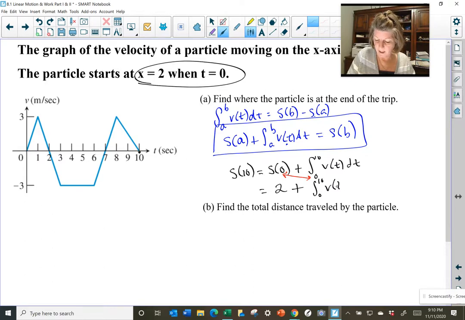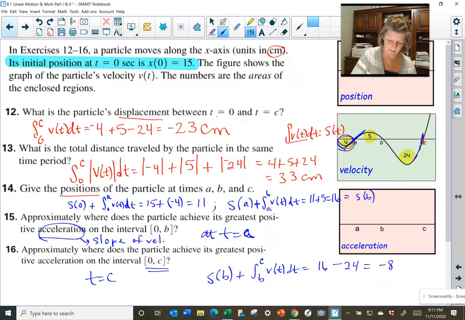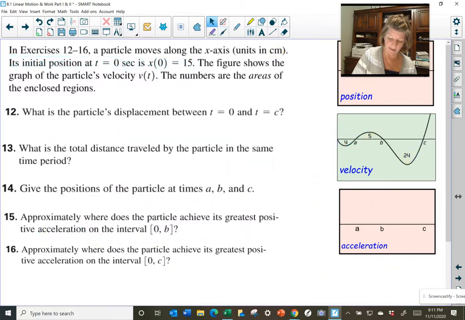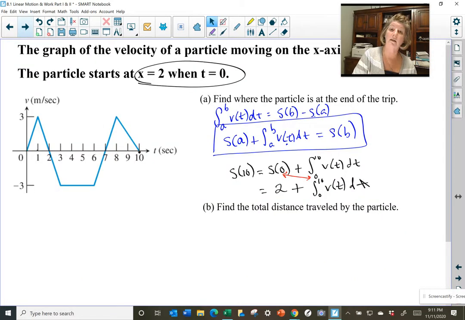How do I get the integral of V of t dt? I'm going to use the area under the curve thing. All right, so I go back over here. Unlike this nice little example where they gave us the numbers, they did not give us the numbers on this little problem. So we got to calculate it ourselves. And you're pretty good with triangles.